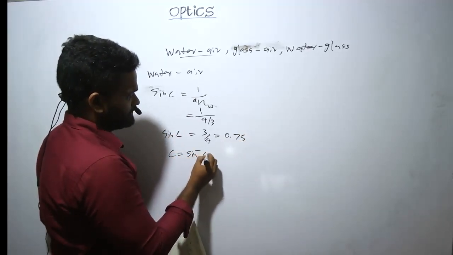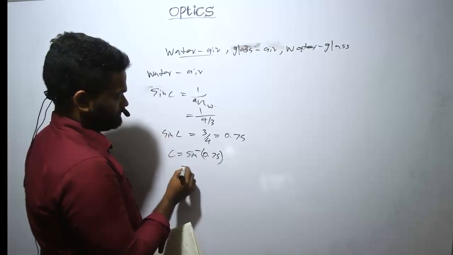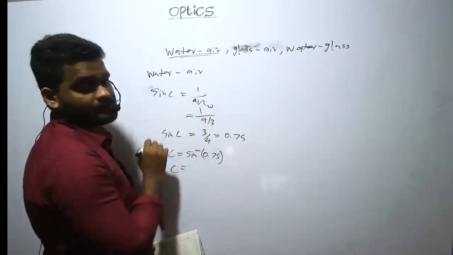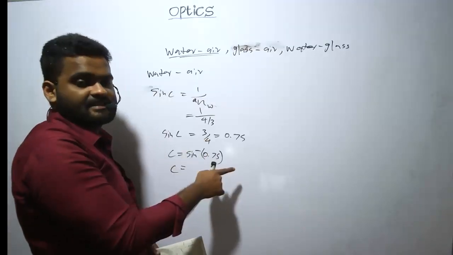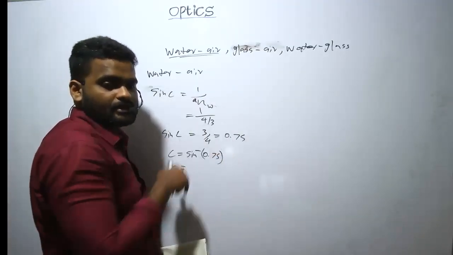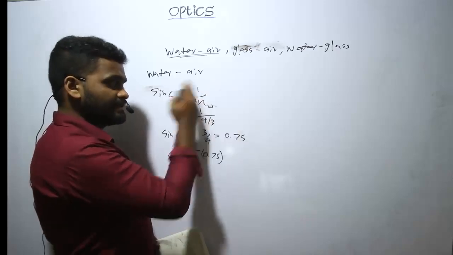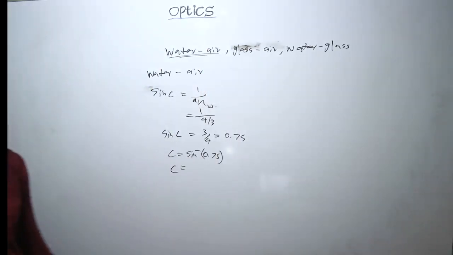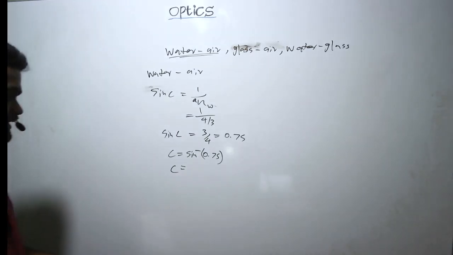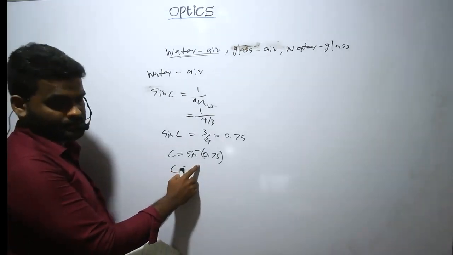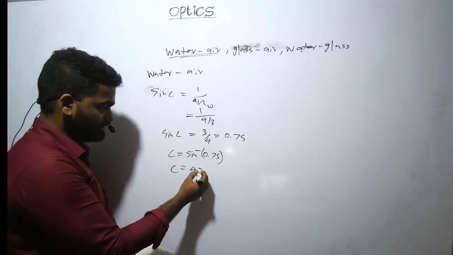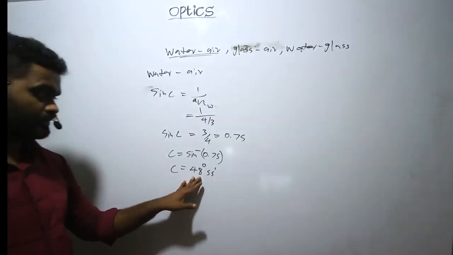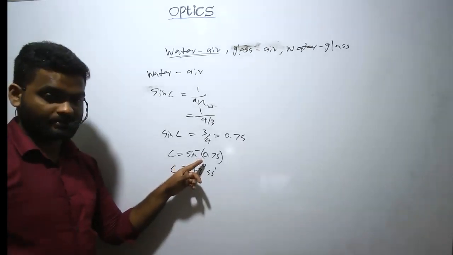Then sine inverse 0.75. This is the critical angle for the water-air surface. If you exceed this angle, total internal reflection occurs. If the incident angle is less than this, then refraction. You have to practice finding this value. You should be able to find it in the table.